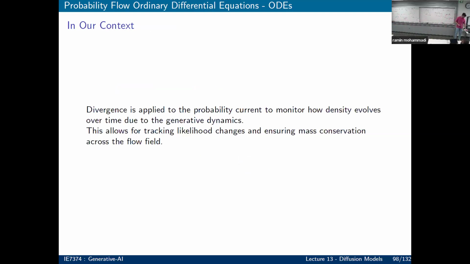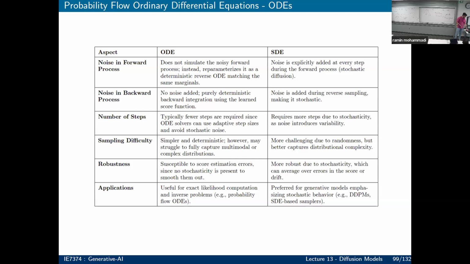All right, so now in summary, ODE and SDE, well, this is the answer to your question: why this versus the other one. Well, ODE simulates some noisy forward process, similar to SDE, but the backward is totally deterministic. SDE in both directions is noisy.